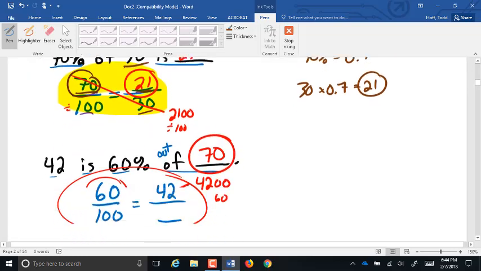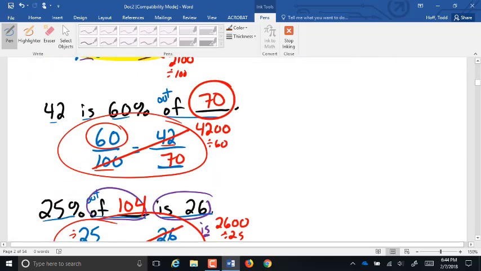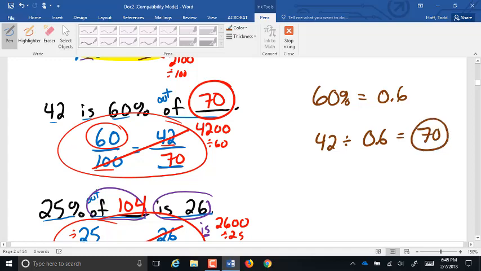The catch is we get to problems like this fourth one. The percent is 60%. As a decimal, that's 0.6. But we would not multiply by 0.6 here. We would have to take the 42 and divide by 0.6 to get 70.